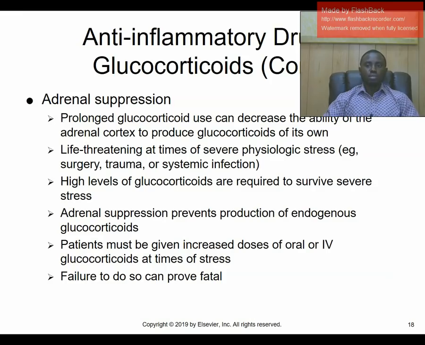This is very important in order not to cause adrenal insufficiency. So you have to notify the provider if they by mistake stop this medication abruptly, or you have to educate the client not to stop this medication abruptly.